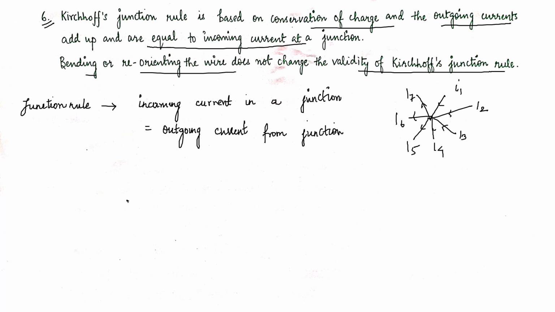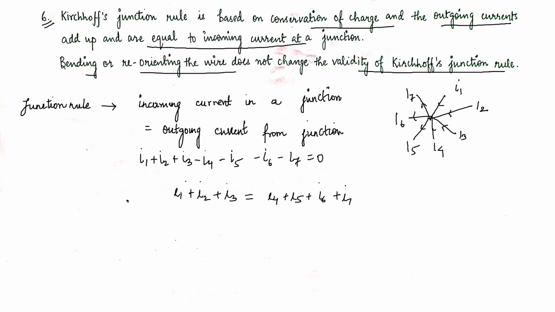So here we will see that I1 plus I2 plus I3 minus I4 minus I5 minus I6 minus I7 will give us 0, which gives us I1 plus I2 plus I3 equals I4 plus I5 plus I6 plus I7. Okay, so this is our junction rule. At this particular junction the net current is 0.